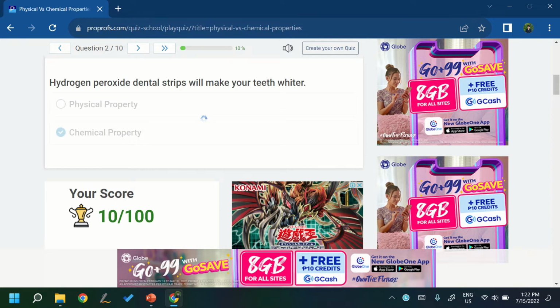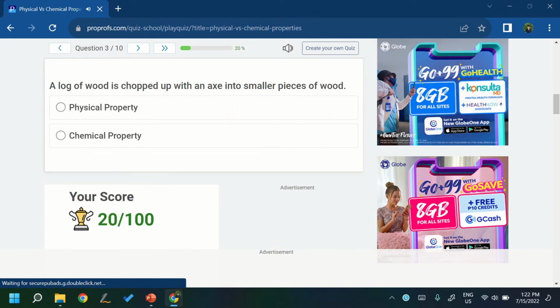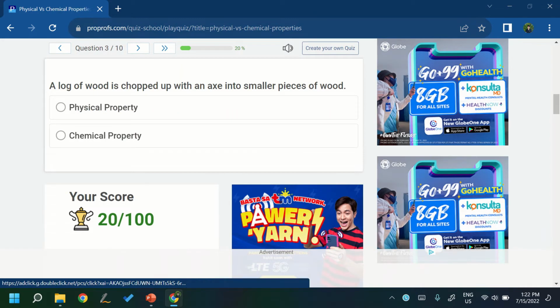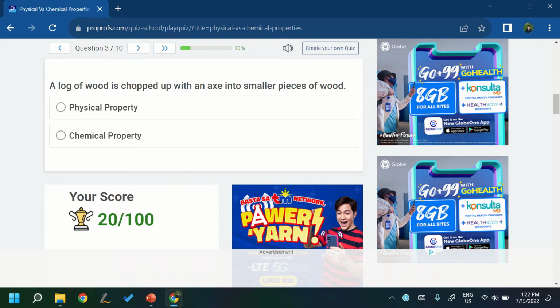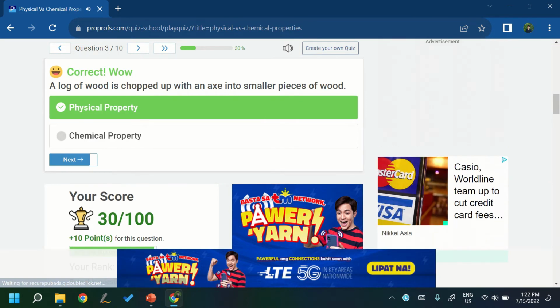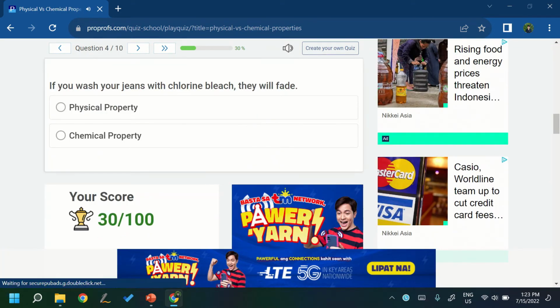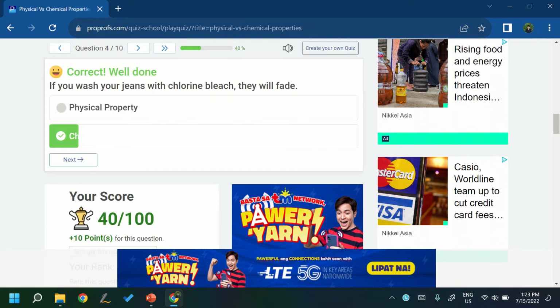So this is chemical. Next, a log of wood is chopped up with an axe into smaller pieces. Hindi nagbago ang composition ng wood, it remains the same. So this is physical. If you wash your jeans with chlorine bleach, they will fade. So mag-react in chlorine bleach with the coloring ng jeans. So this is chemical.